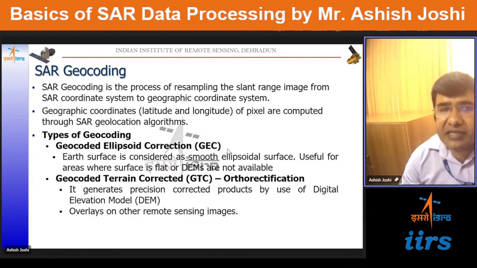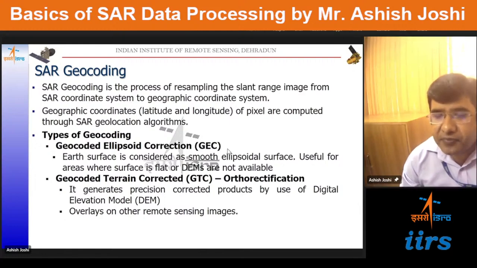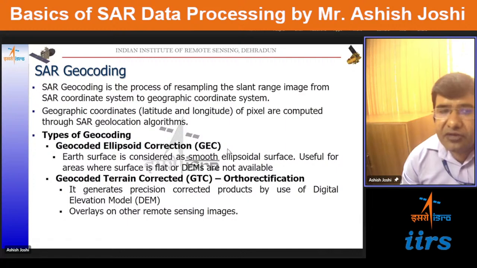Now, we can do this SAR geocoding in two ways. First, we can consider the height of the scene as constant, and give an average height, like a smooth ellipsoid, for a particular satellite image. When the surface is considered a smooth ellipsoid surface, we can have an average height and do the geocoded ellipsoid correction, which is called GEC. This is used where the surface is flat or where DEMs are not available, like in deep ocean regions.